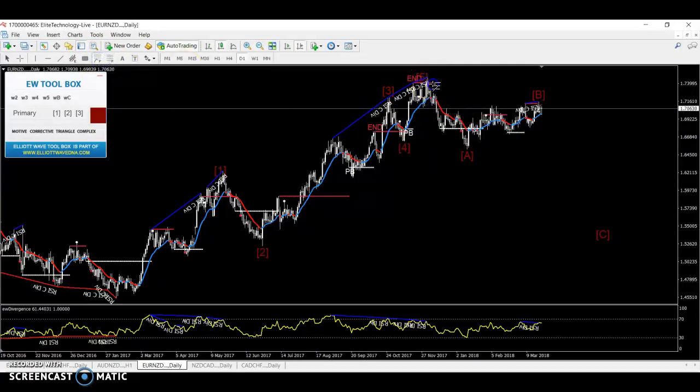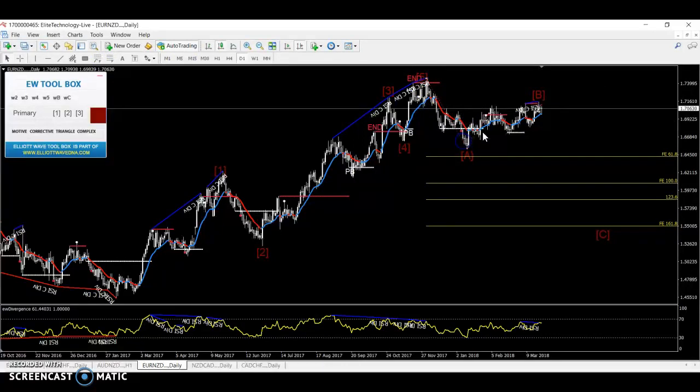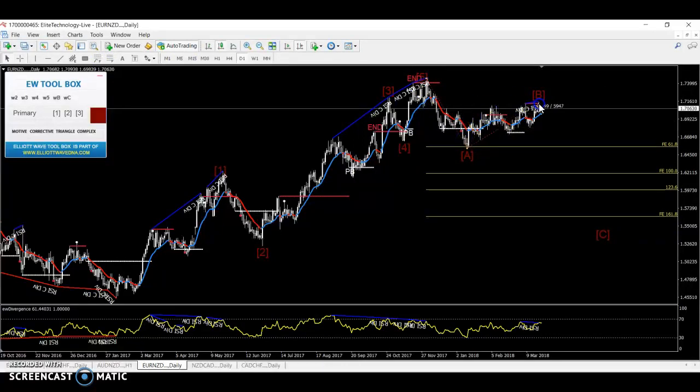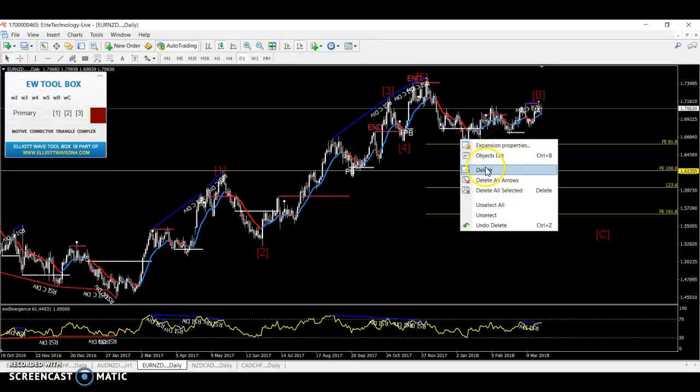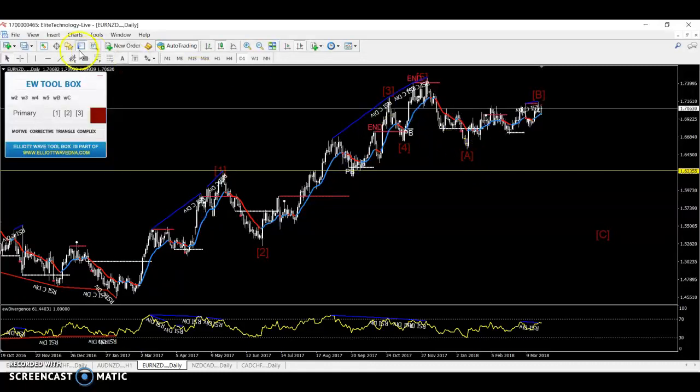Following the expansion, it shows the push down should be reaching the 1.62355 point. Of course, again, first I'd be waiting to see if it pushes a little bit higher, because it looks like we have some sort of leading diagonal. So I'd wait for the breakout before entering a trade for the three-wave or for the final push down.